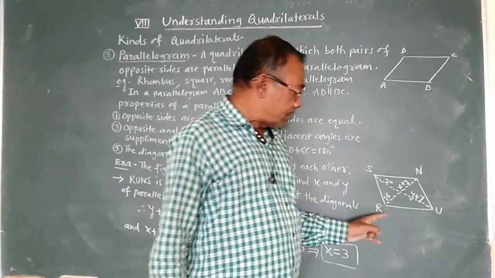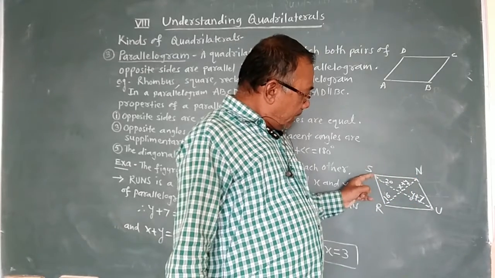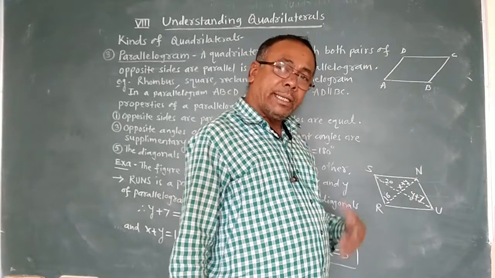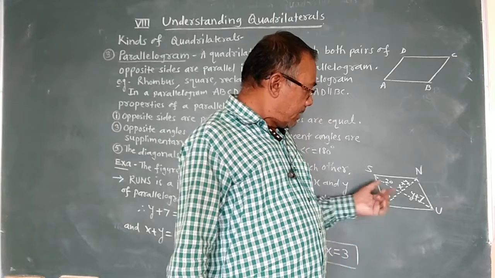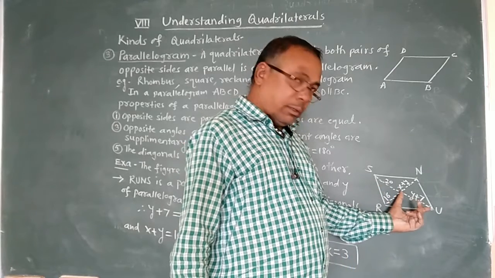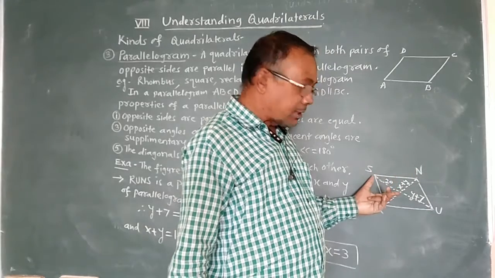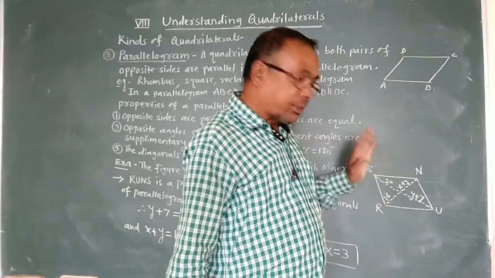SU and RN are both the diagonals of the parallelogram. Here this is y plus 7, this is x plus y, this is 20, and the length of this is 16.